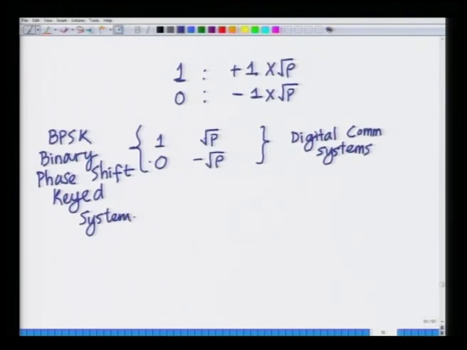Look at this, I am transmitting a phase of plus or a phase of minus. So, this is two phases, or a binary phase. So, this is a digital communication system which employs a BPSK constellation. If the received level is greater than 0, I conclude that an information symbol 1 has been transmitted. If the received level is less than 0, then I conclude that an information symbol 0 has been transmitted.